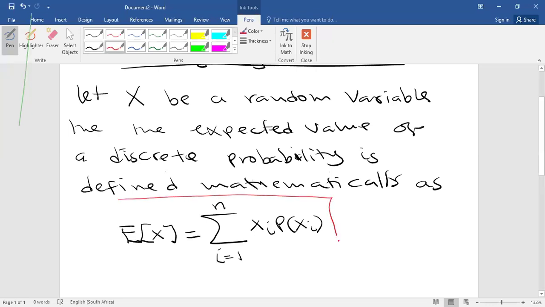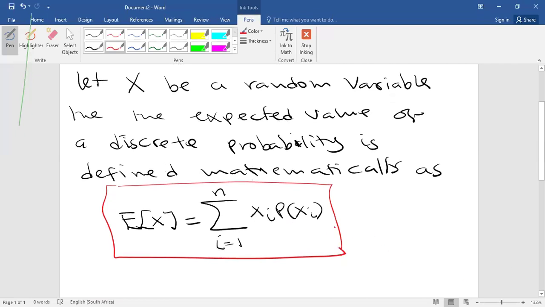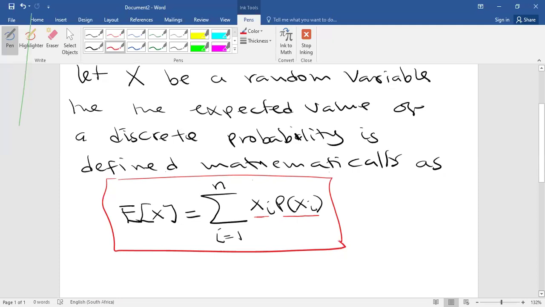If we are looking for the expected value, this is the formula mathematically. It is the random variable times its corresponding probability. When we sum them up, what we get is what we call the expected value, and the expected value is the mean of the distribution.